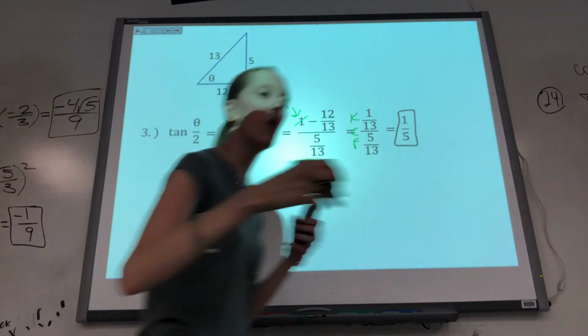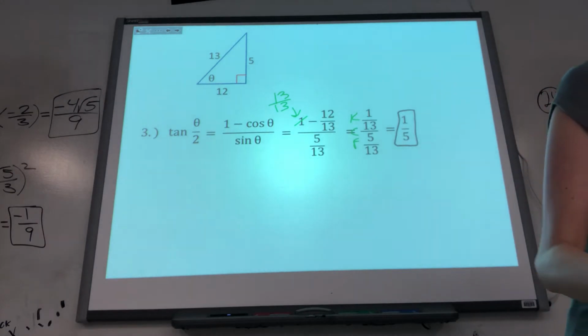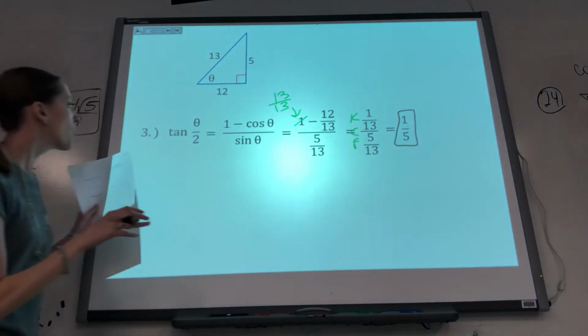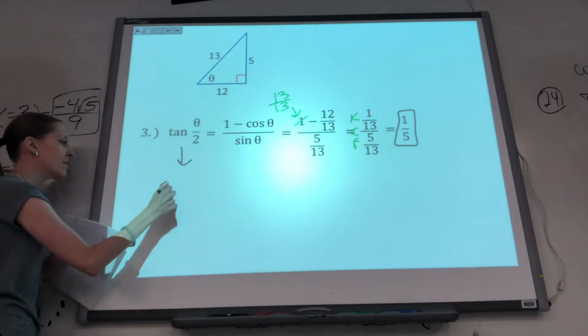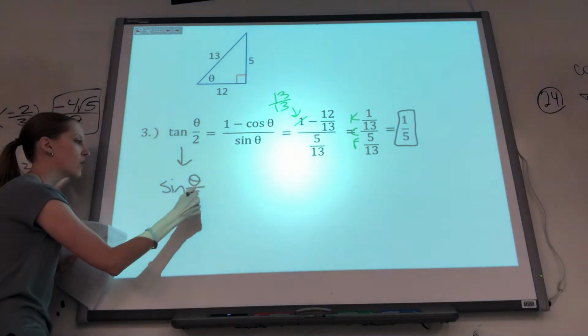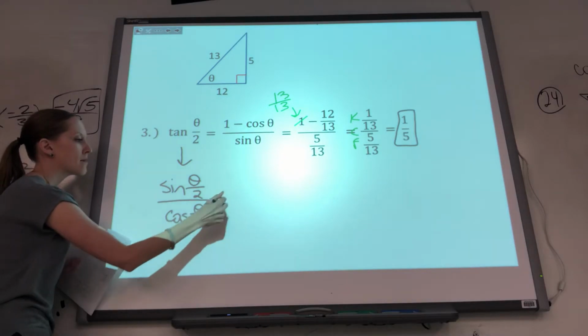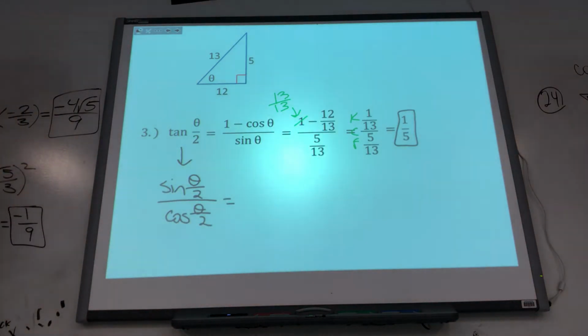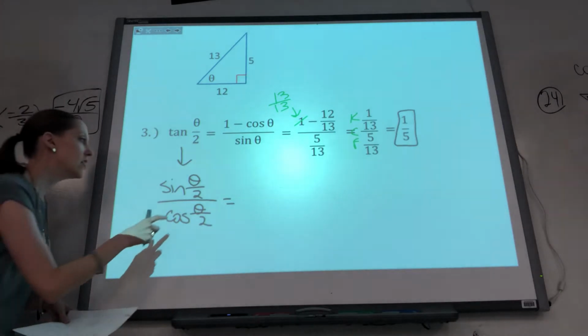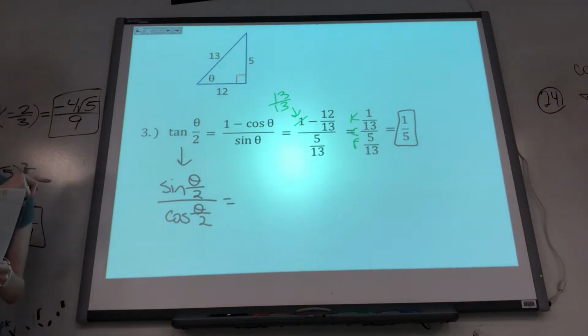Okay, now doing the same problem but with the quotient identity, I'll show you how this works. Sine of theta over 2 divided by cosine of theta over 2. Now, my final answer from sine was square root of 26 over 26.